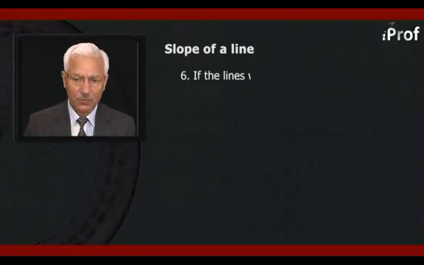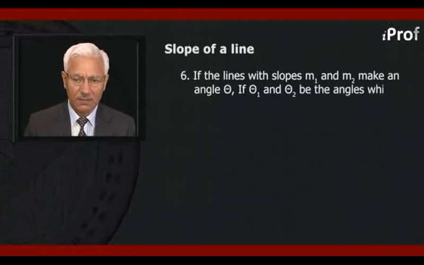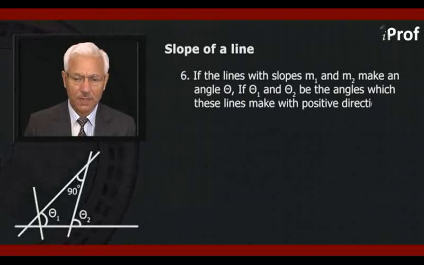If the lines with slopes m1 and m2 make an angle theta, if theta 1 and theta 2 be the angles which these lines make with positive direction of x-axis, then tangent theta 1 is equal to m1 and tangent theta 2 is equal to m2.